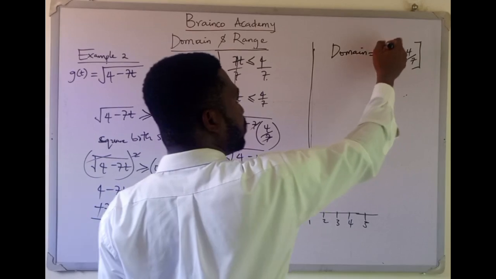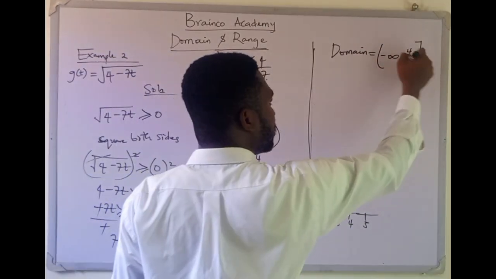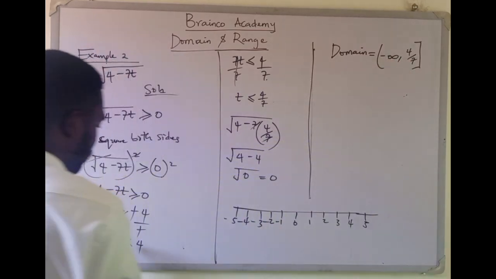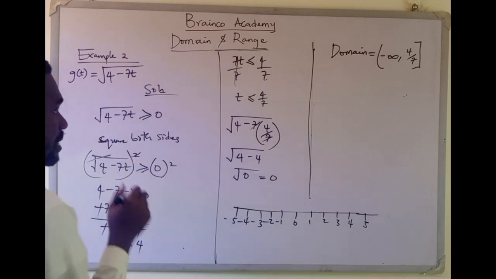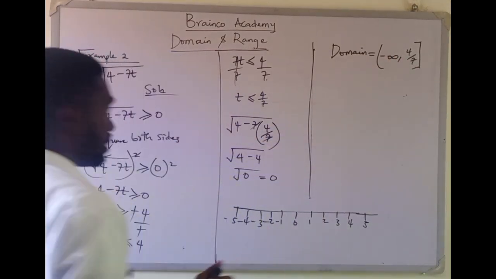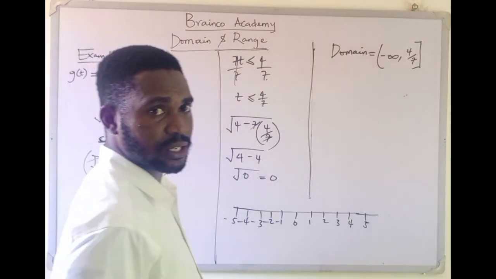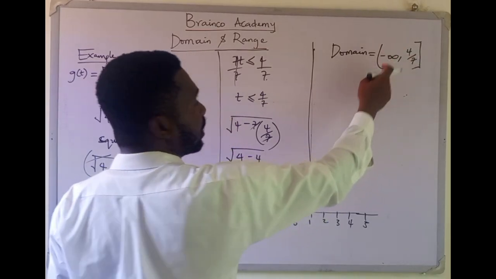I explained why we use the open bracket here for infinity and why we use this closed bracket for 4 over 7. When you have a symbol like less than or equal to, we use this, but if it's just less than, we use the open bracket. So it just indicates that this is included.